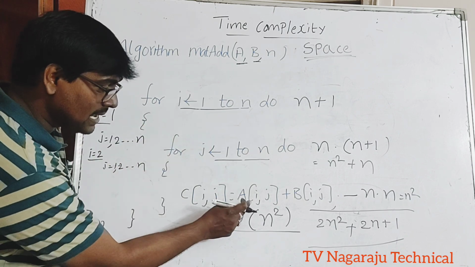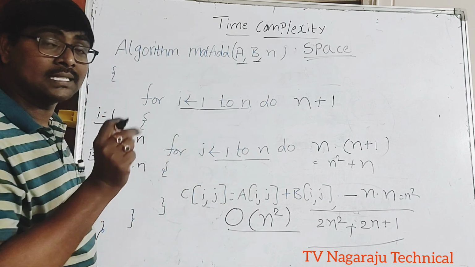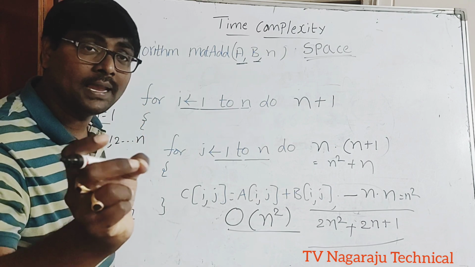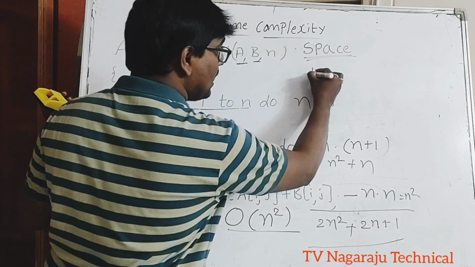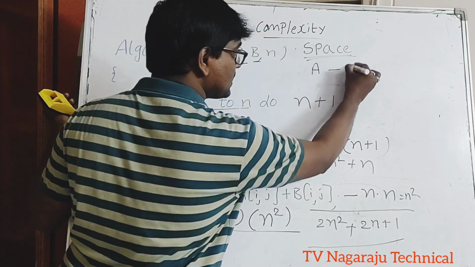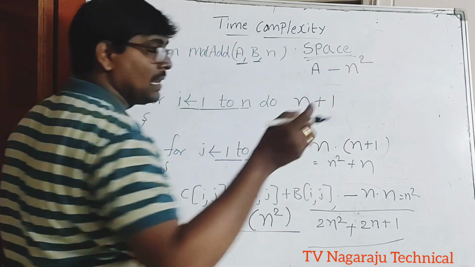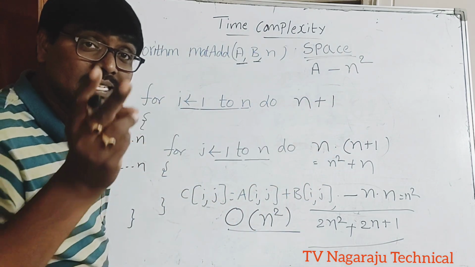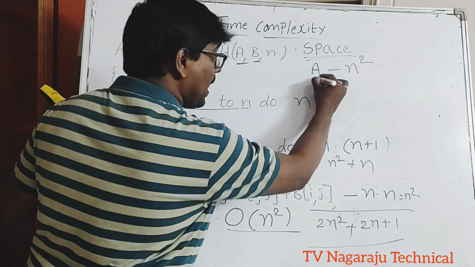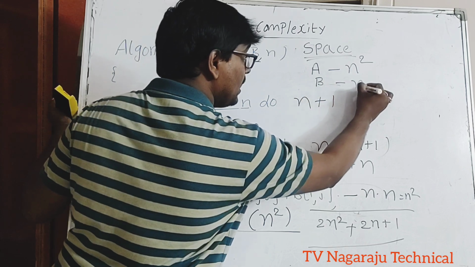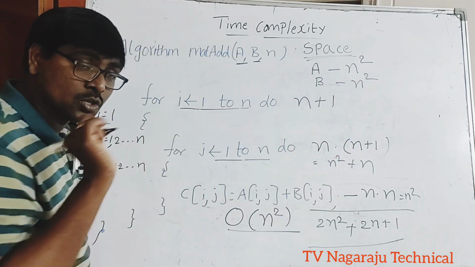A is an n by n matrix. B is an n by n matrix. So A requires a size of n by n, that is, the size is n square. Matrix B also requires a size of n square.